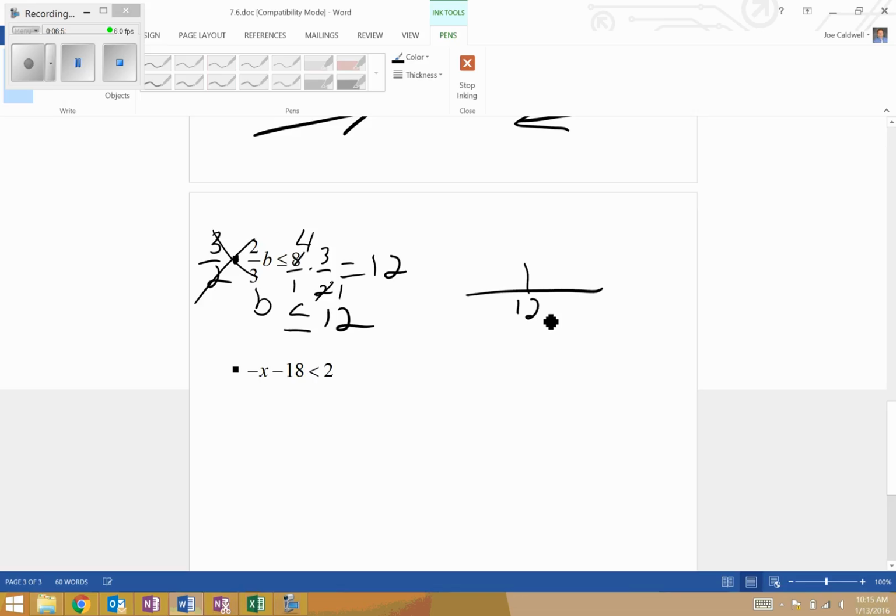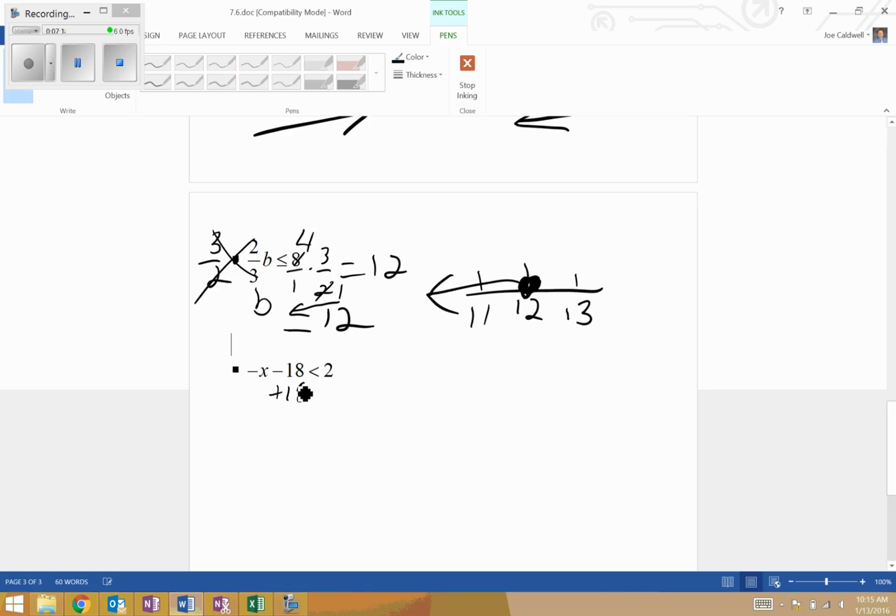So we have 12, we have 13, and we have 11. Just do a little mini number line on both sides. It has an equal to sign, so it's going to be filled in. And remember, that sign is kind of pointing to the left, so your arrow is going to go to the left because it's less than. Less than is left.